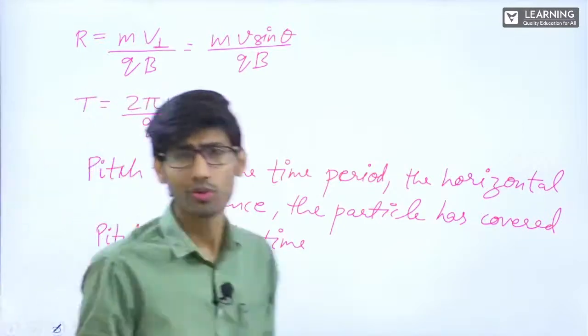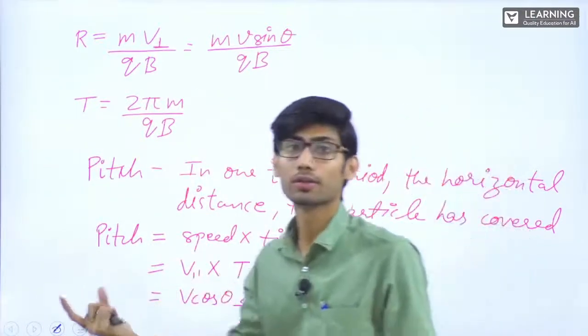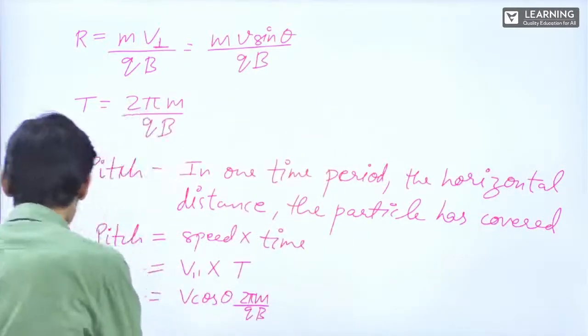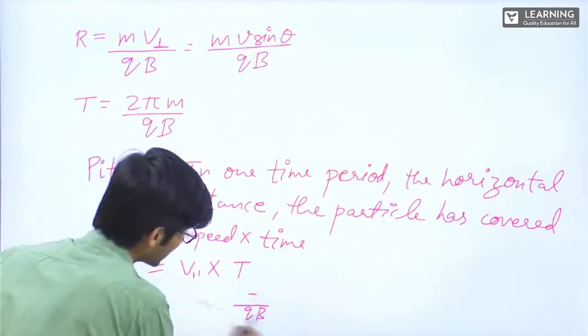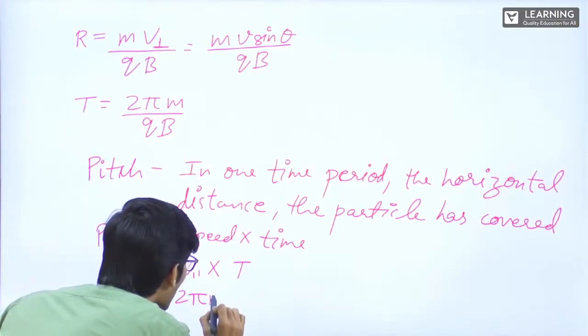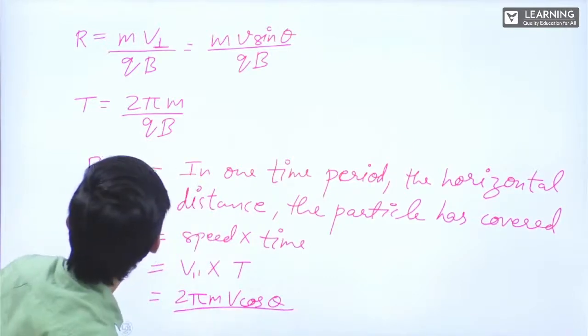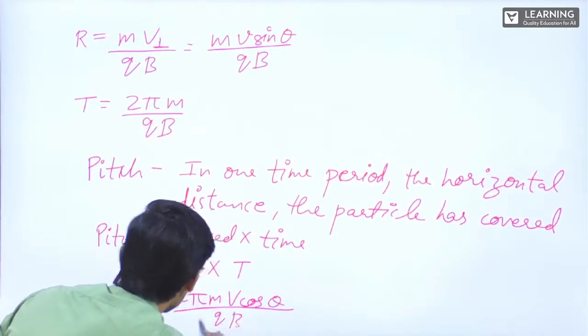Again I am telling you, no need to remember this formula. Only remember this: V parallel into T. So you can properly write it as 2 pi m v cos theta upon qB, that is the pitch.